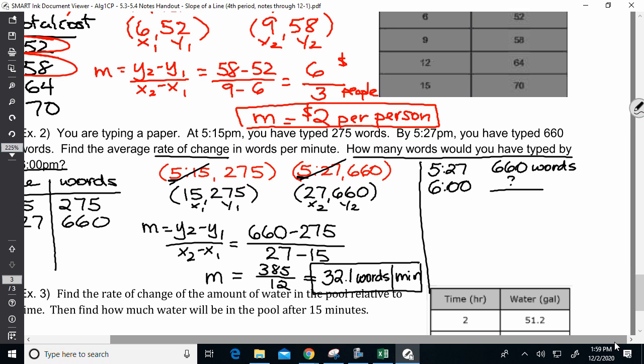So from 5:27 to 6 o'clock, how many minutes is that? How many minutes is between 5:27 and 6 o'clock? 43 minutes. Close?